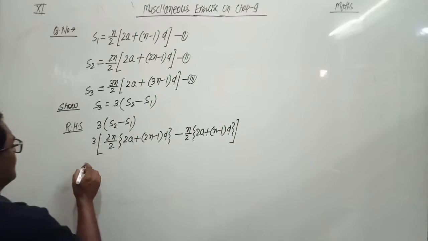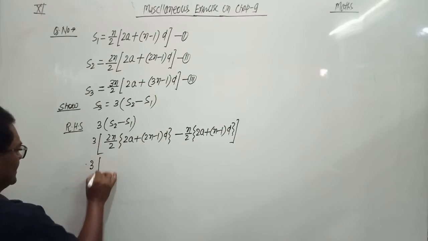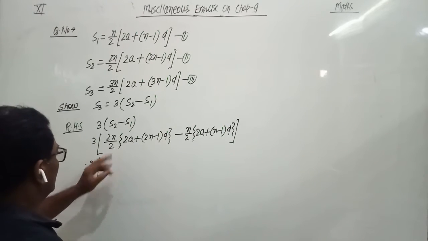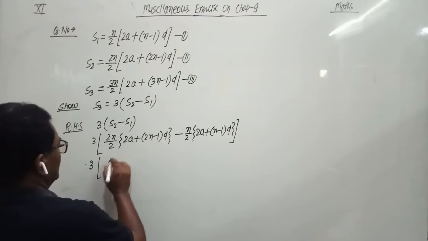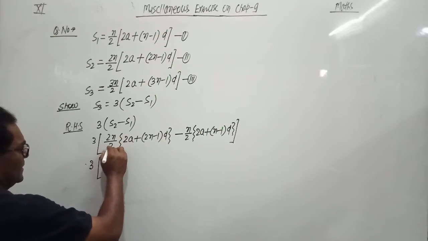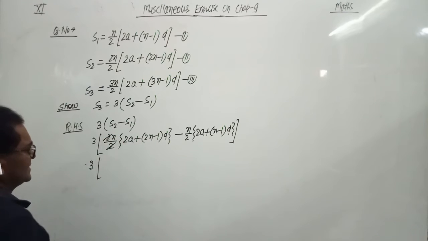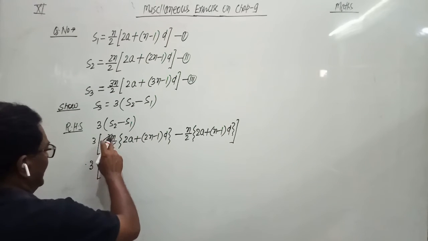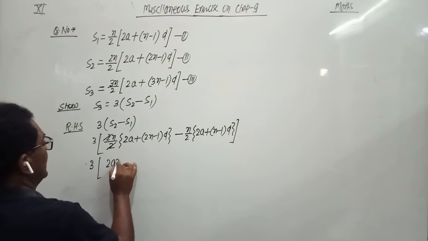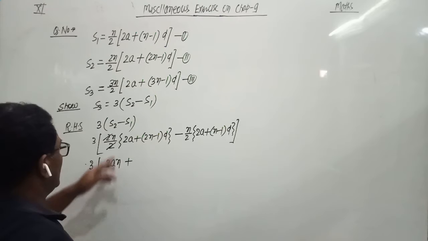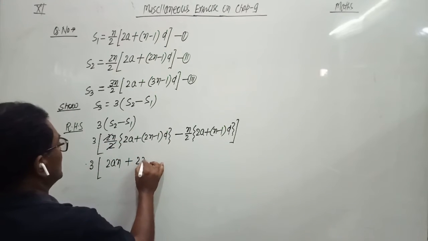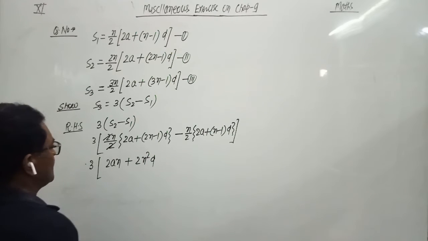So 3 as it is, and 2n by 2, this 2 and 2 get cancelled and we remove the bracket. So n multiplied by 2a, we get 2an plus n and d multiplied by 2n, so 2n square d and minus nd.